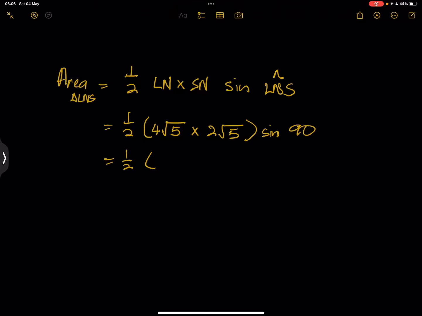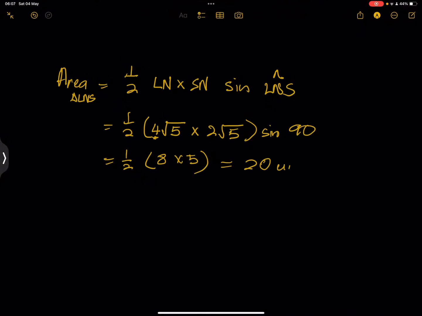Or it was just half base times height. So in that case, what will we get? So we're going to have 4 times 2, which is 8 times 5. So if we look at this, that would be 4 times 5. So this would give us 20.